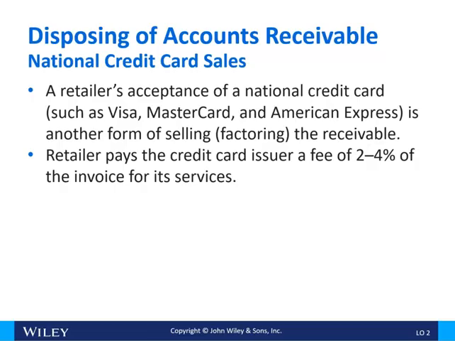It's another form of selling or factoring the receivable. In essence, we're getting the cash earlier than if we took credit from our customers, and we are going to pay a fee to the credit card issuer. 2 to 4% typically is what the charge is going to be.